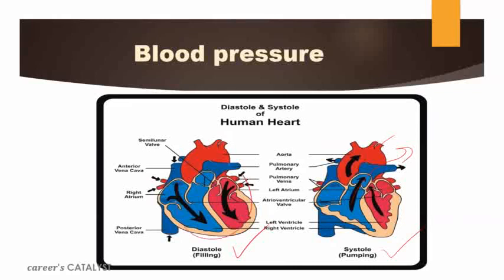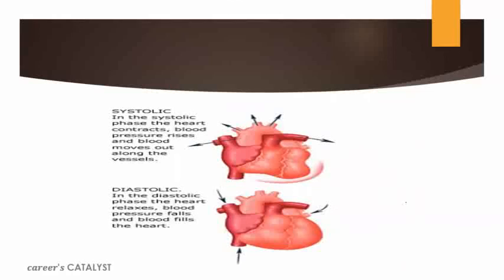This is the relaxation phase and this is the contraction phase, where the blood is pumped out throughout the body. In the systolic phase, the heart contracts, the blood pressure rises and the blood moves out along the vessels. In the systolic phase, the heart contracts and the blood pressure increases.